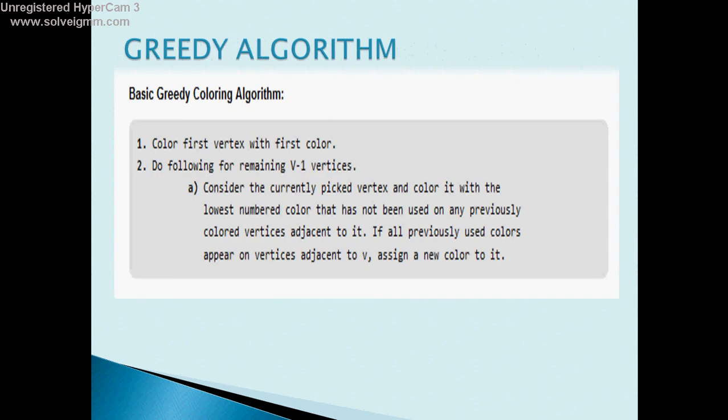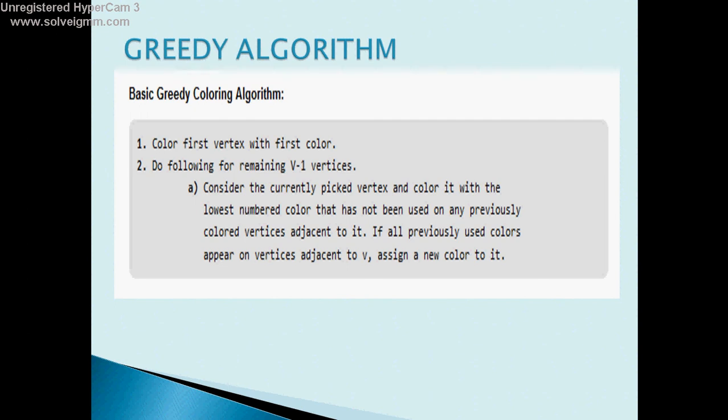So let us talk about the greedy algorithm. In this algorithm, we first color vertex 1 with the first color that is available to us, and do the following for the remaining V-1 vertices.